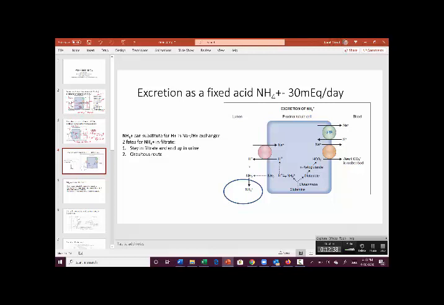And secretion means we are using a membrane transporter shown here, the sodium-hydrogen exchanger, and it is pulling hydrogen from the cell into the lumen, into the filtrate. That actual movement across the cell membrane is called secretion. So when it comes out into the lumen, it's secretion. And notice that sodium is coming into the cell, that is reabsorption.